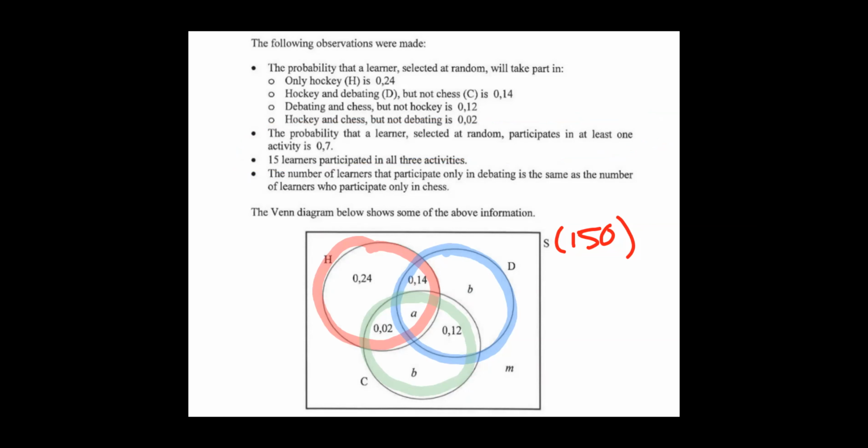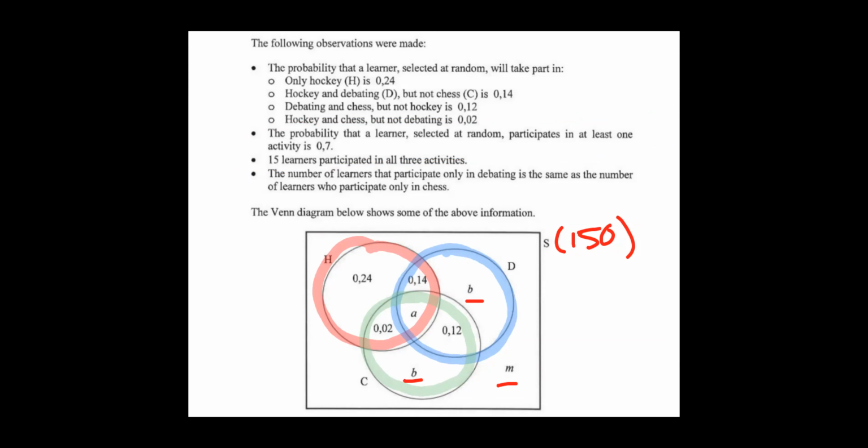How can that piece of information help me with one of these unknown variables, B or M? Wouldn't it be 0.7 minus 0.24 divided by 2? Minus 0.24.